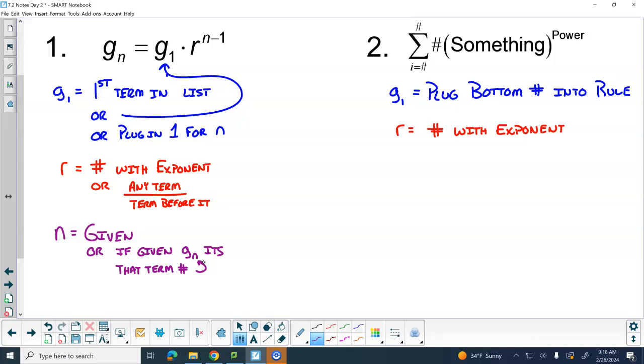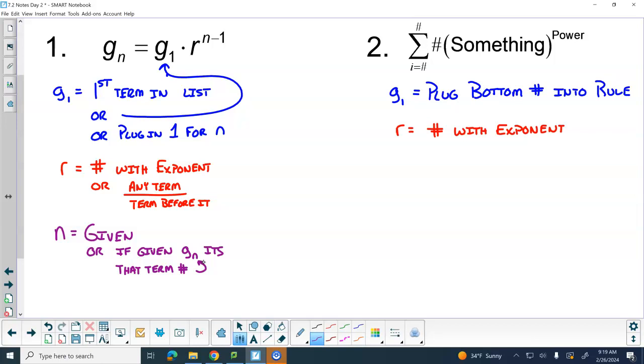Okay, so you might be given the last term, and then it's that. It's hard for me to describe how to find the total number of terms when you're given just the rule, because it's literally going to be given to you somewhere in the problem.